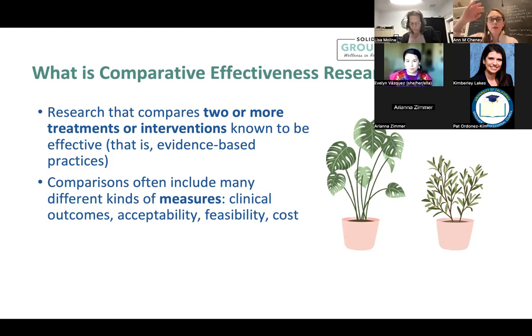So essentially, both of these plants have been proven to reduce depression symptomology. So in our clinical effectiveness research study, we decide that we're going to compare these two different plants. We're going to compare the Monstera to the olive tree.